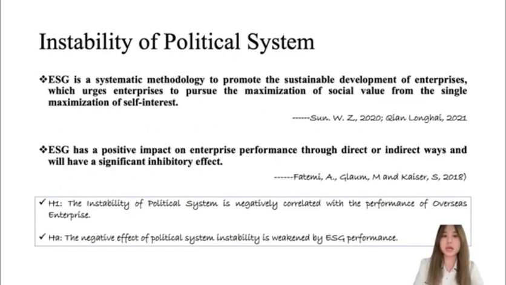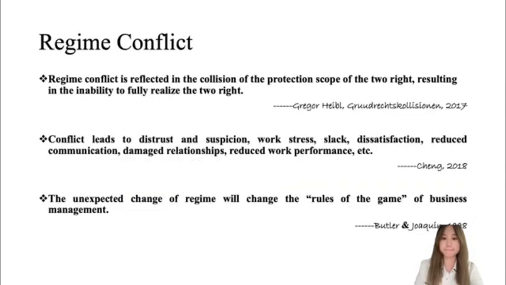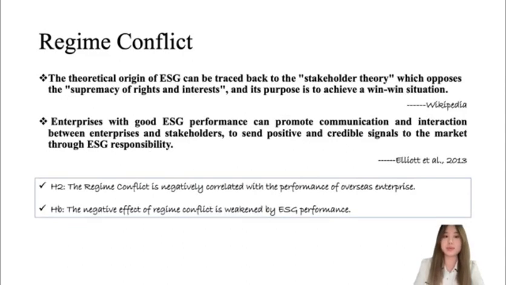So instability of policy system is negatively correlated with the performance of overseas enterprises. Second, about regime conflict. The unexpected change of regime will change the rules of the game of business management. So the regime conflict is also negatively correlated with the performance of overseas enterprises.